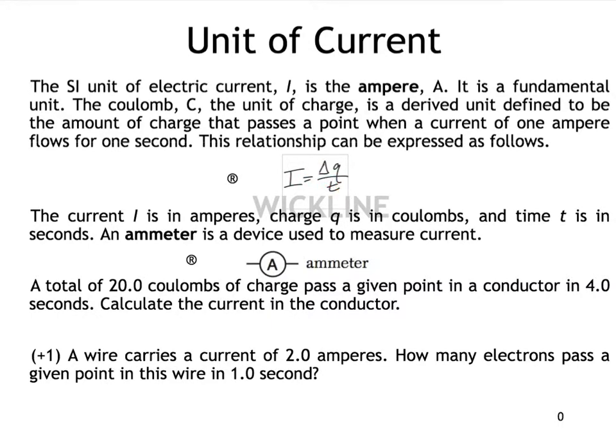So specifically, it's saying that the current itself is equal to the coulombs of elementary charges that pass a given point in a certain number of seconds. So coulombs and seconds. So amps are equal to coulombs per second.